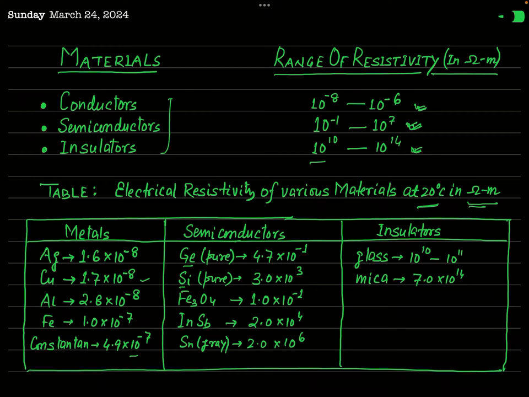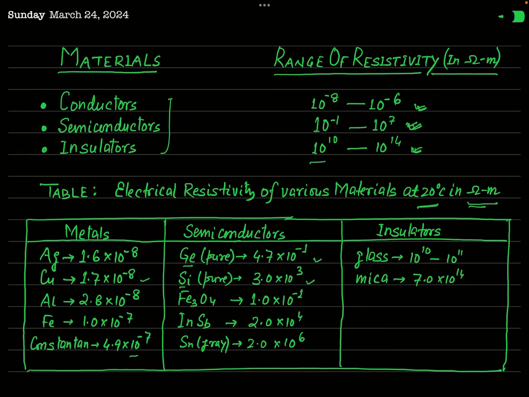But if you are talking about semiconductors like germanium, you can see its resistivity is almost 4.7 into 10 to the power minus 1, that is 0.47 ohm meter. And that of silicon, if it is in pure state, is 3 into 10 to the power 3 ohm meter. Okay.